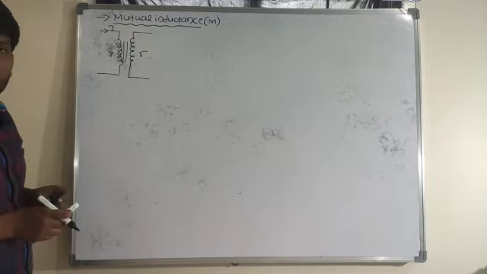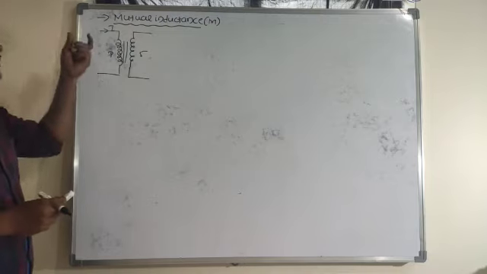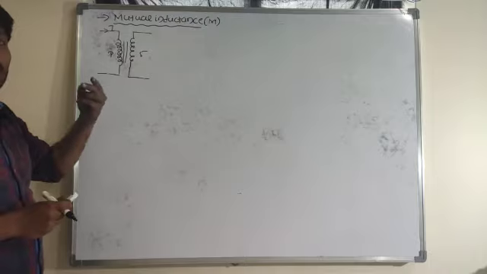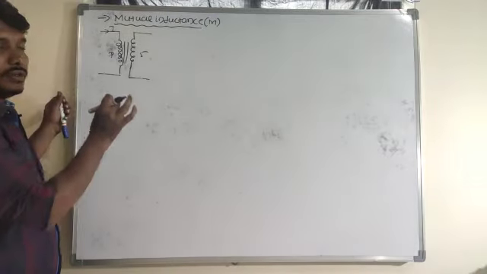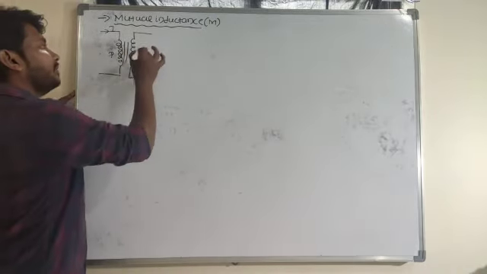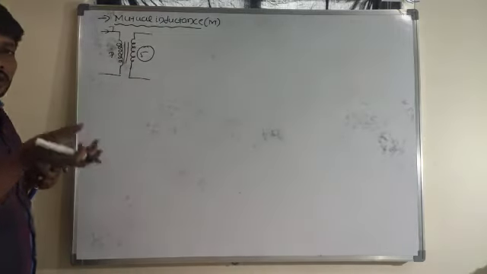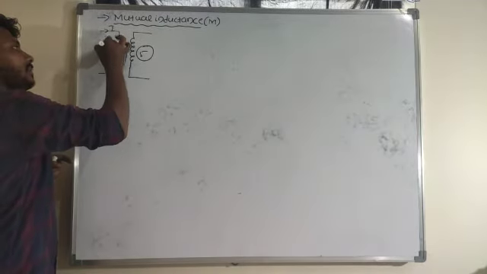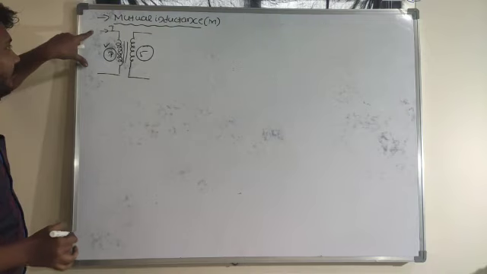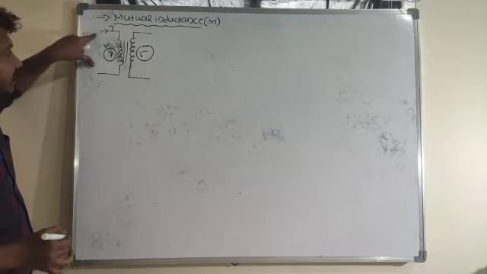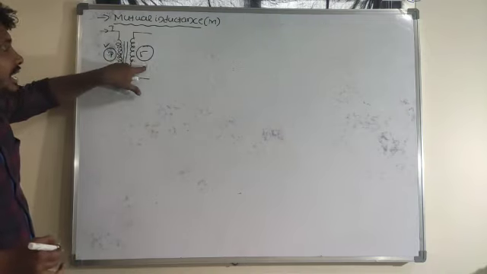So how will you define the concept of mutual inductance? It is the phenomenon of production of EMF in the secondary coil due to the changing current in the primary coil. If you pass a changing current in the primary coil, then there exists an EMF in the secondary coil.